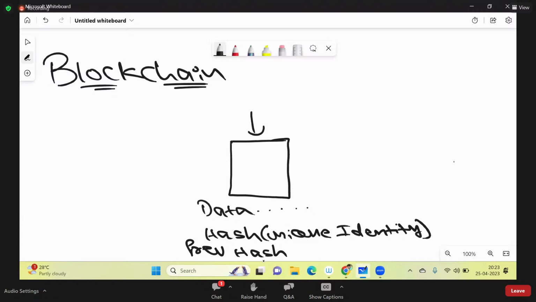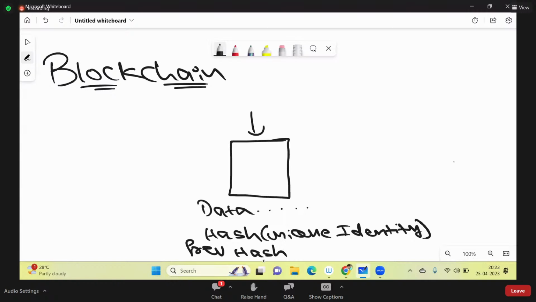For example, if an attacker comes and tries to hamper the third block, you are not saying, okay, you try to hamper the third block, that's it. No, you are saying if you want to attack the third block, you can do that. But apart from that, you also need to attack the fourth block, fifth block, like this. Whatever the set of blocks, you have to go ahead and break all of them.